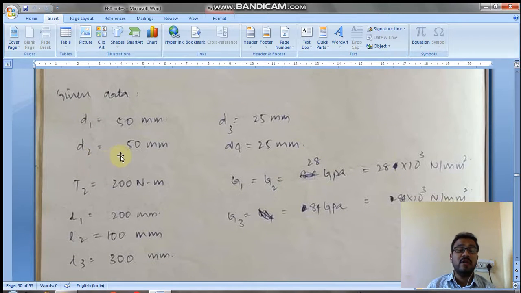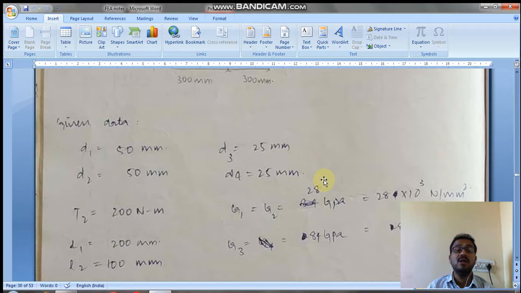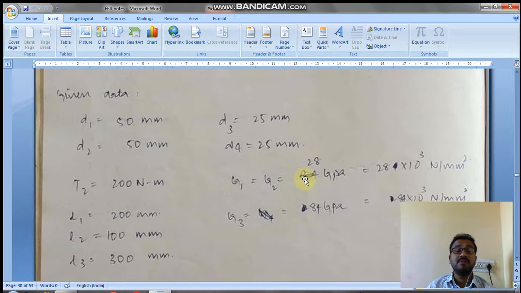The d1, d2 value given as 50 mm, I'm not changing, and d3, d4 is the same thing. Then T2, G1, G2 for the first part, and G3.